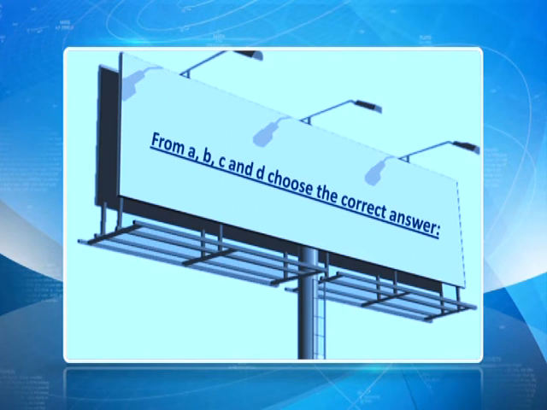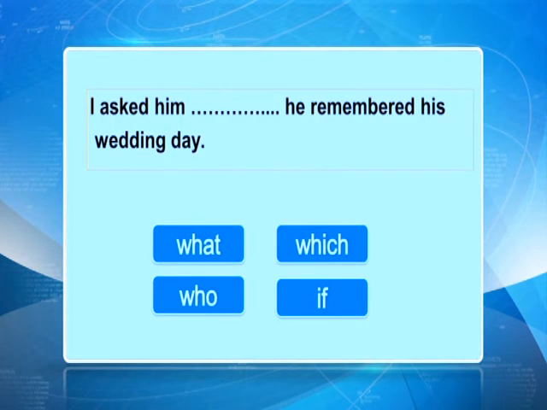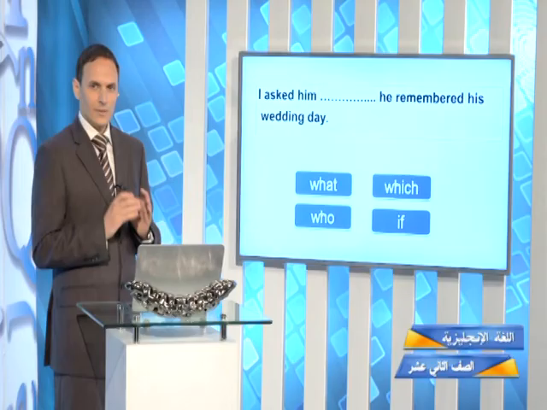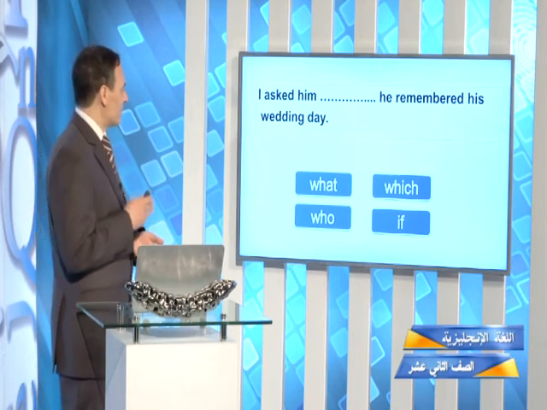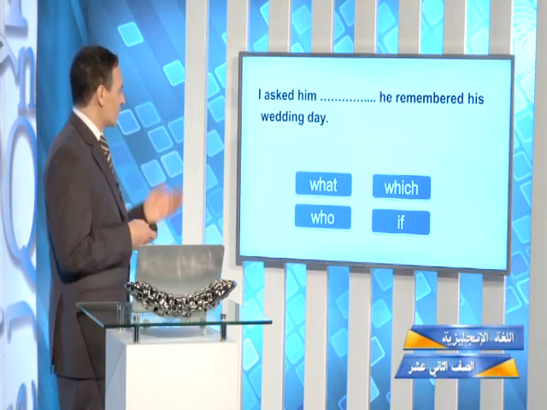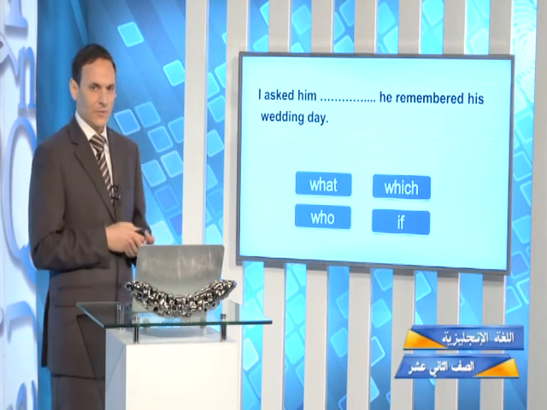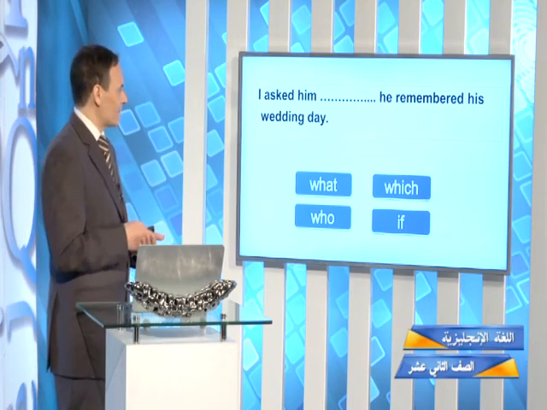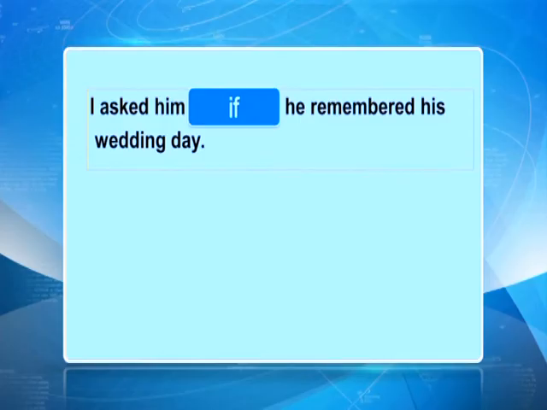Now, from A, B, C, and D, choose the correct answer. I asked him, blank, he remembered his wedding day. So, are we going to use what, which, who, or if? Okay, I'll give you some time to think. Notice that this is a yes-no question, and therefore, if is the right option.